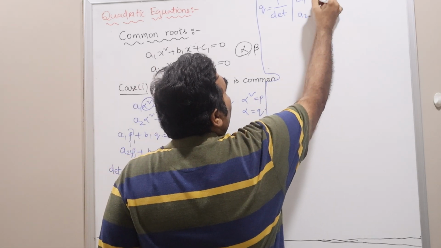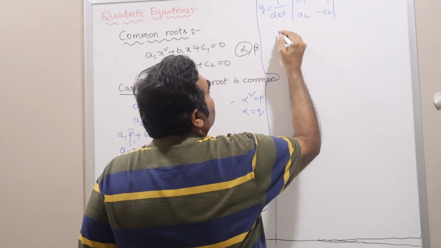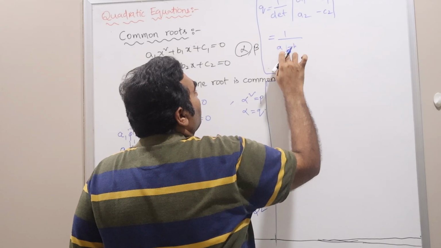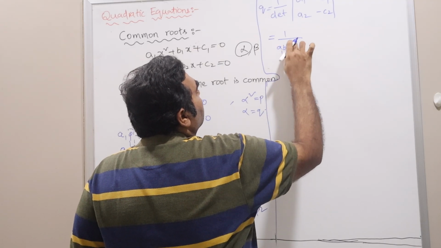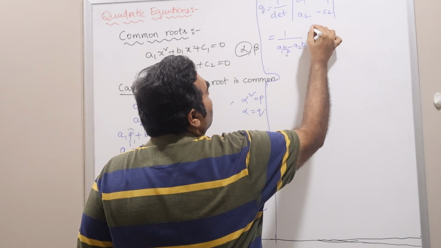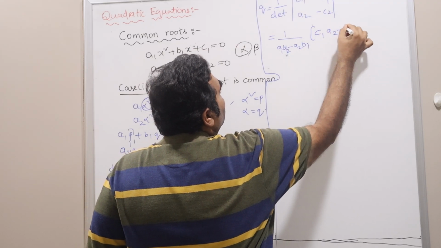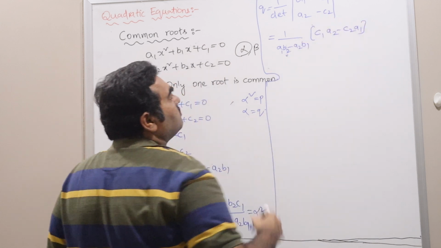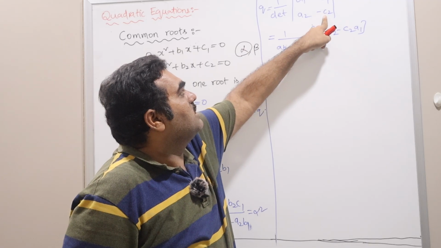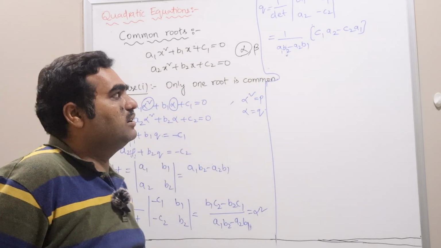Since we are solving for Q, I am replacing b1 b2 with minus c1 minus c2. So this is equal to 1 by a1 b2 minus a2 b1 into the cross multiplication: minus a1 c2 minus of minus a2 c1, which I have rearranged.